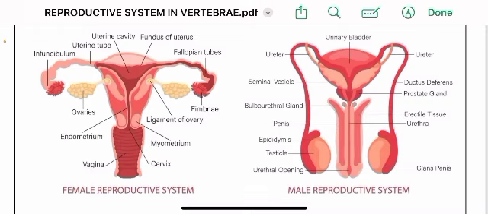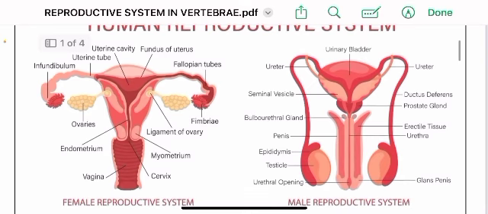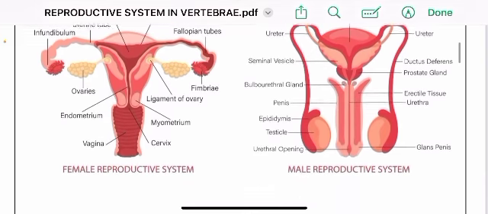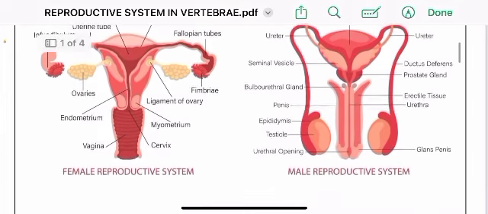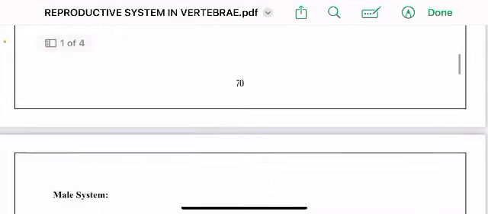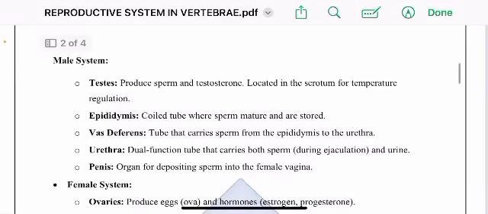We have the urethral opening. We have the ductus deferens. We have the urinary bladder. So you can know and memorize these diagrams. We shall know more about this as we proceed.